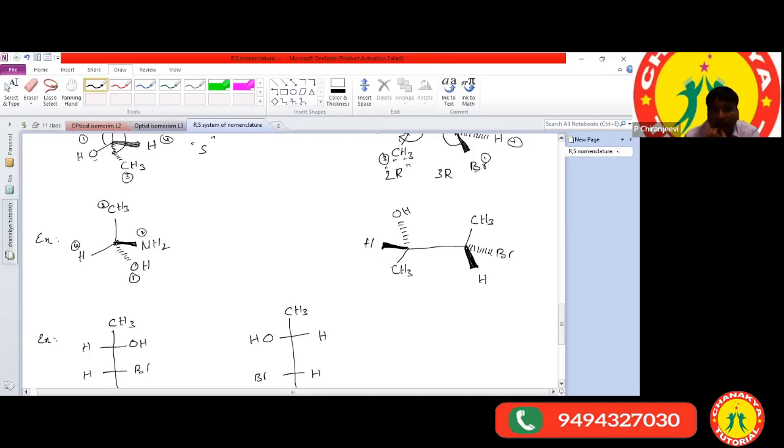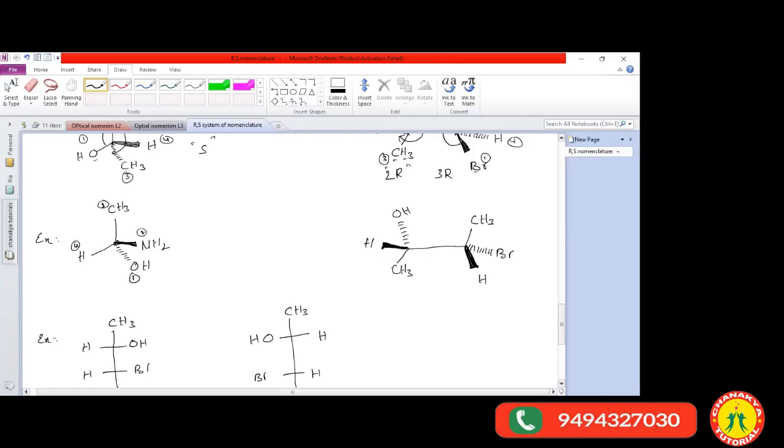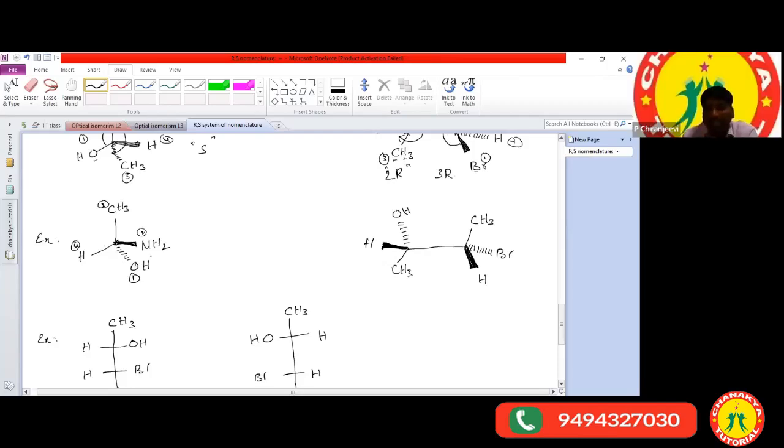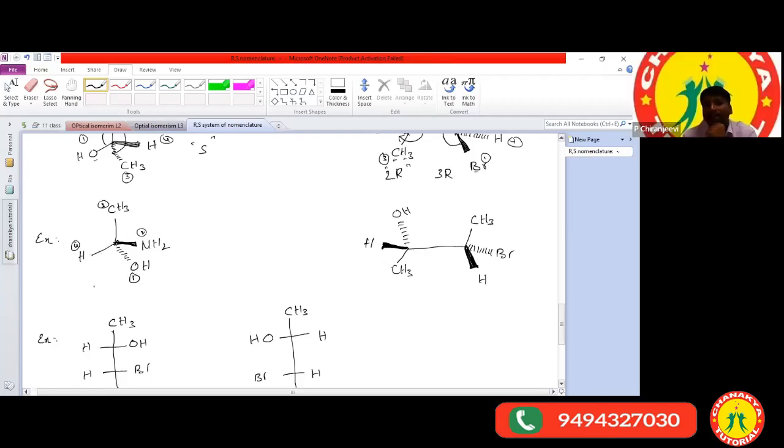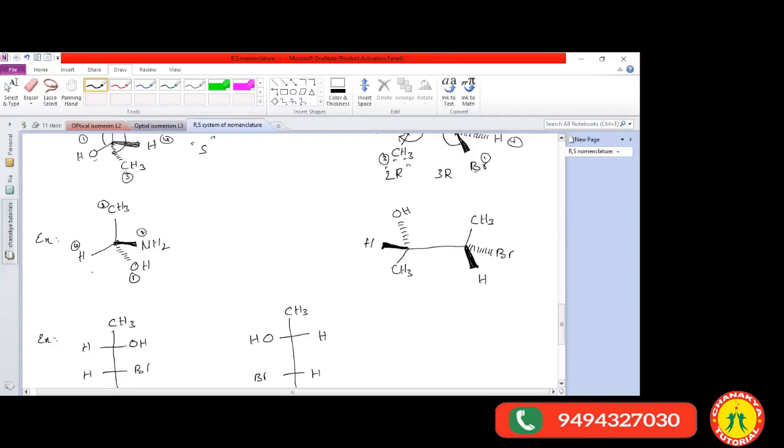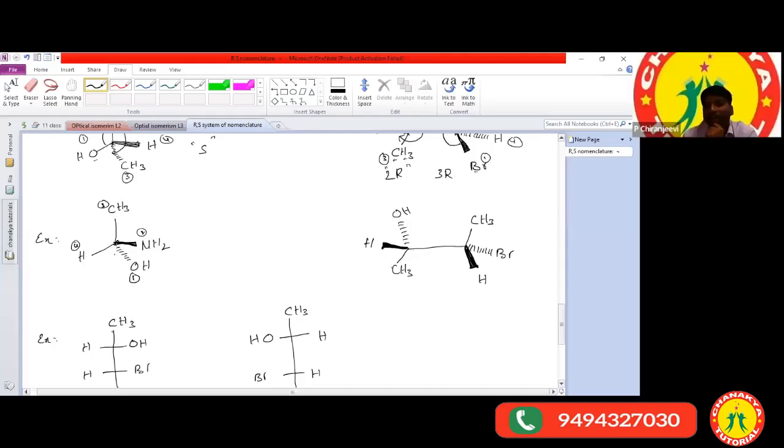We have to check the least priority, Anjan. You are doing correct only. The fourth one is the least priority, na? Okay, sir. Is the least priority group present on the vertical line or horizontal line? Horizontal. Very good answer. Now it is horizontal, so you can check the priority order.